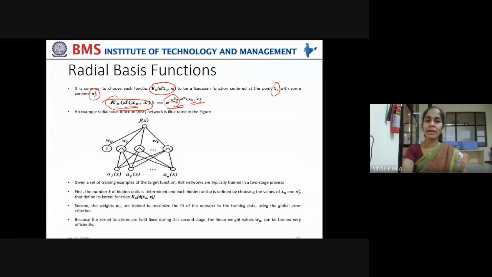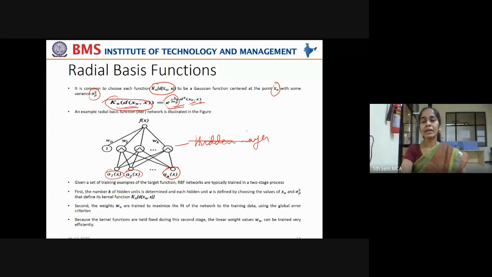Now an example radial basis function network is illustrated here in this figure. See here, you have lots of input values, input neurons, a1 of x, a2 of x based on the attributes. Now these values are passed to the hidden layer. This layer is called the hidden layer because that layer's functionality can be determined, but its input and output can't be seen. Only the input is visualized on this end and the output is visualized on this end.